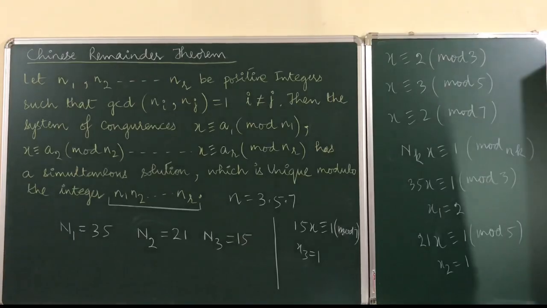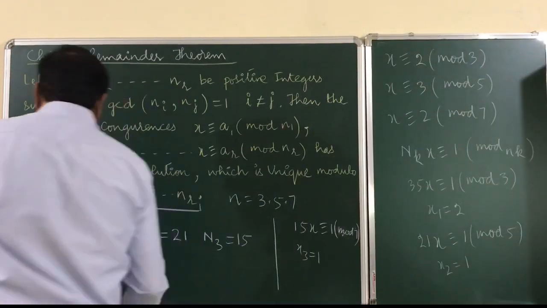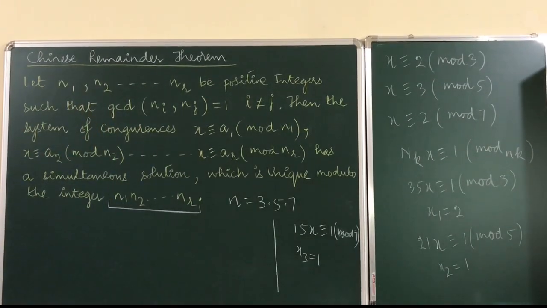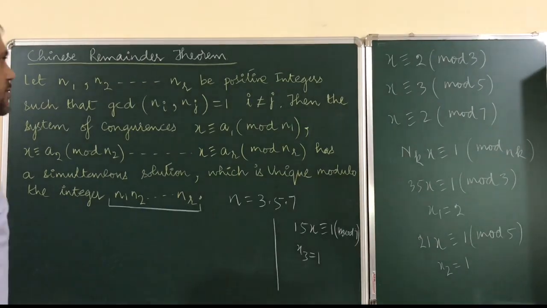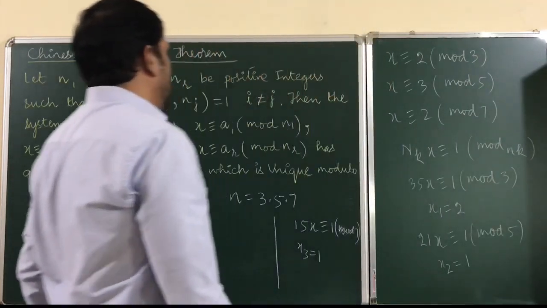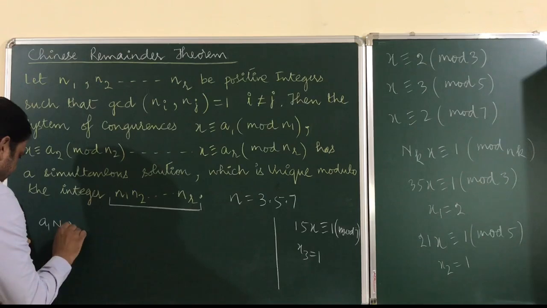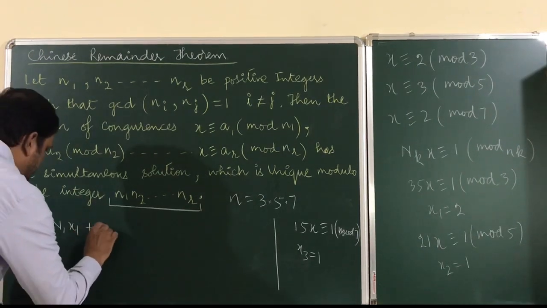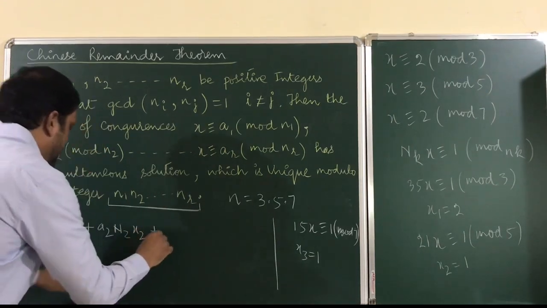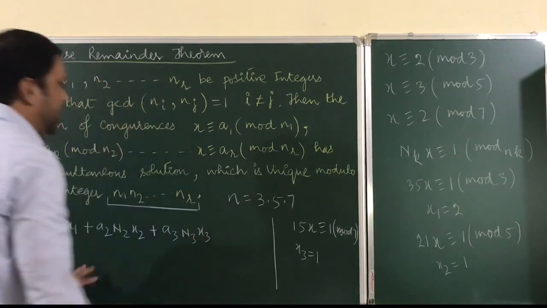So now we can get the value of x. I'll write here: the value of x is a1 N1 x1 plus a2 N2 x2 plus a3 N3 x3.